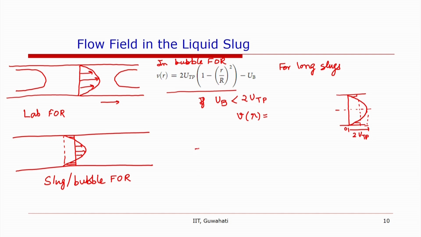If UB is greater than 2 UTP, that means the velocity profile will be something like this.